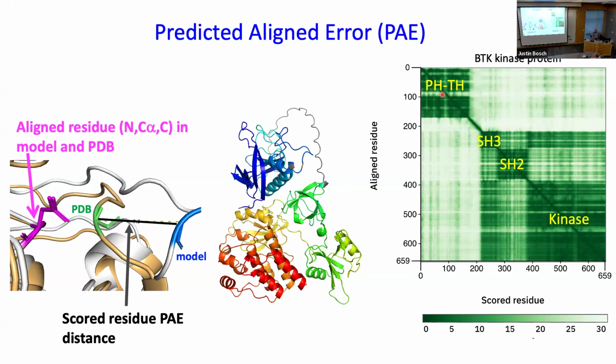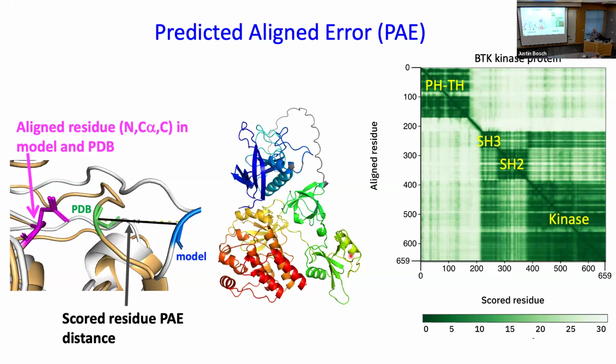Everything has pretty good PAEs with everything else inside the same folded domain. Here's the SH3 domain, it's this dark square. Here's the SH2 domain. But SH2 to SH3, there is kind of darker green, not as dark as within a domain, but decently dark. The relationship between SH3 and SH2. So SH3 is this right here, SH2 is this.